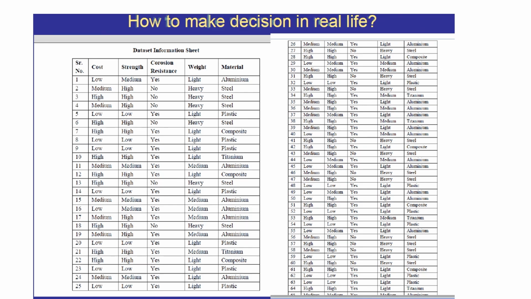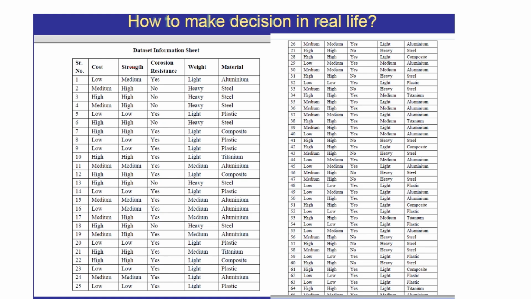So, as you understand, this is how you have to decide on material. A material can have cost, there are 4 features here: cost, strength, corrosion resistance and weight. So, cost can be low, medium, high, strength can be medium, high or low, obviously. These are all relativistic terms. No specific values are given. Corrosion resistance can be either yes or no, weight can be lightweight, heavyweight or medium weight.